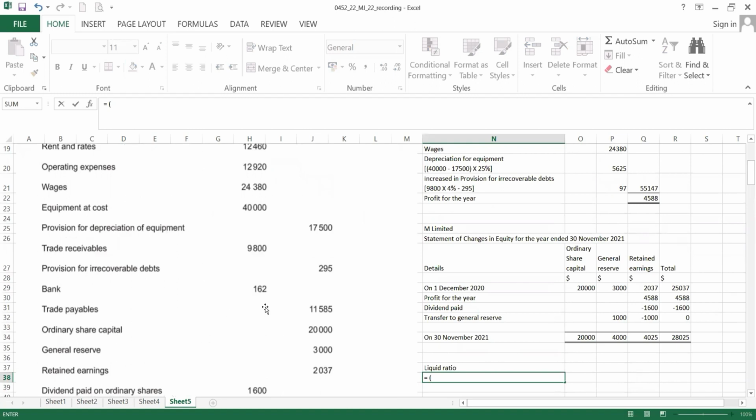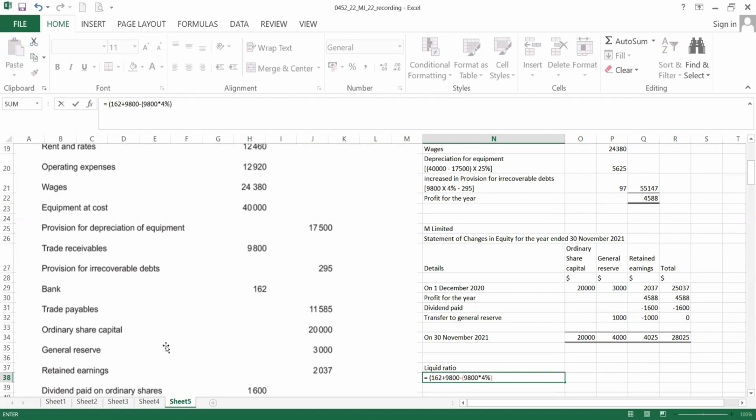bank 162. Okay, plus the 9800. Okay, and then minus the 9800 times 4%. Okay, after that we have what else? There's only 2 items.